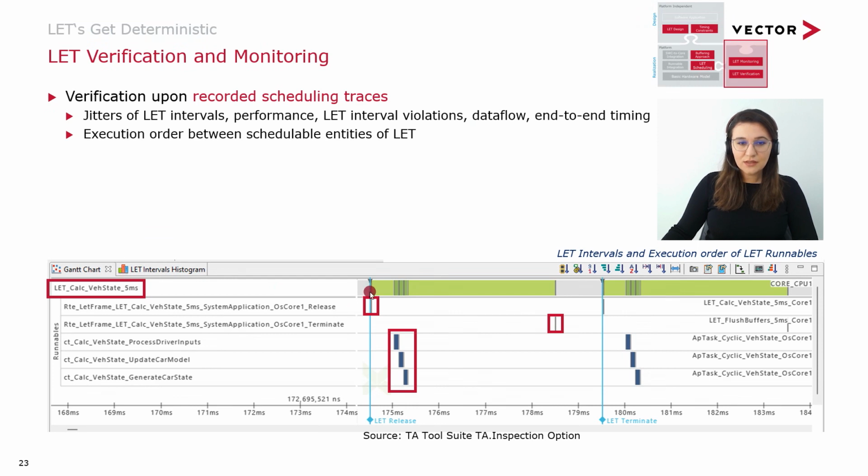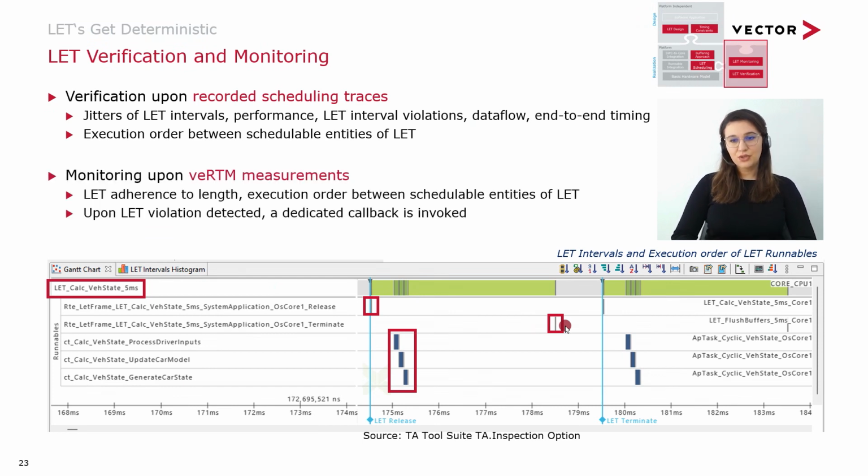As such, we can see the occurrences of the LET intervals, when exactly the schedulable entities, so the release and terminate, really took place, if the order of those runnables, so release, compute, and terminate, is as expected, and many metrics that show the timing behavior or are the key performance indicators for the LET behavior. Based on the outcomes, we can use this data to improve our design and iterate again through the whole steps in order to achieve an optimal design of the LET.